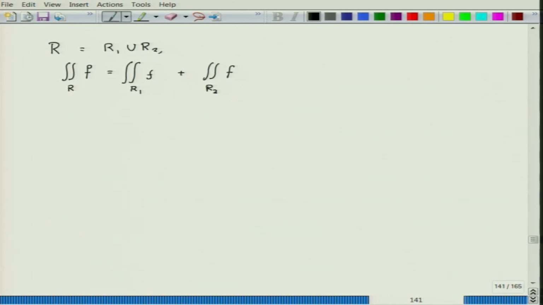Similarly, if f1 and f2, f1(x,y) is less than or equal to f2(x,y) for all x,y in the rectangular domain. This rectangular domain is not the real number line. Please understand, for the real number line there is a double integral.